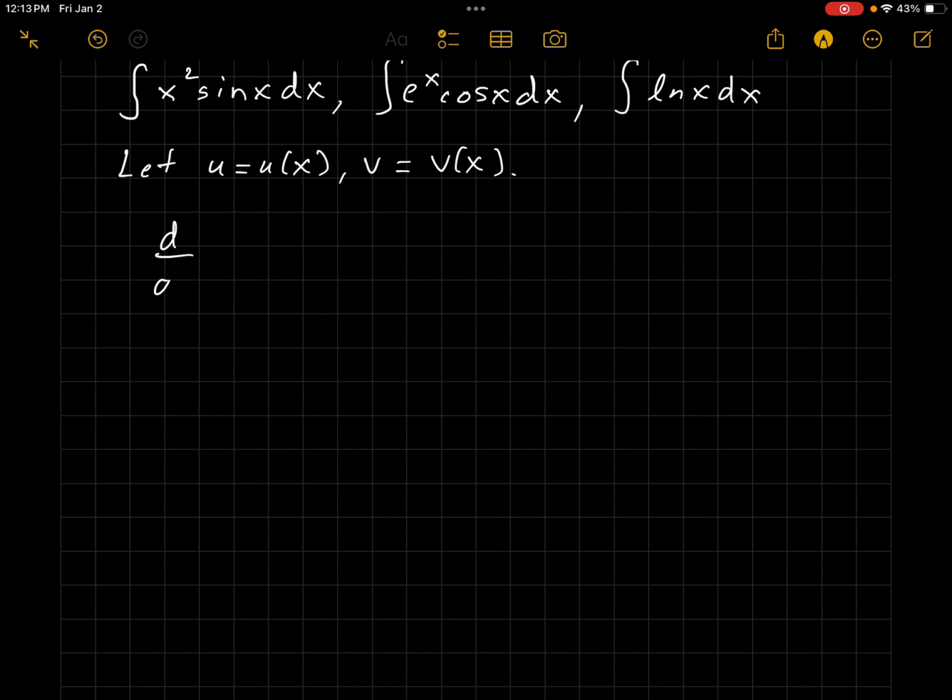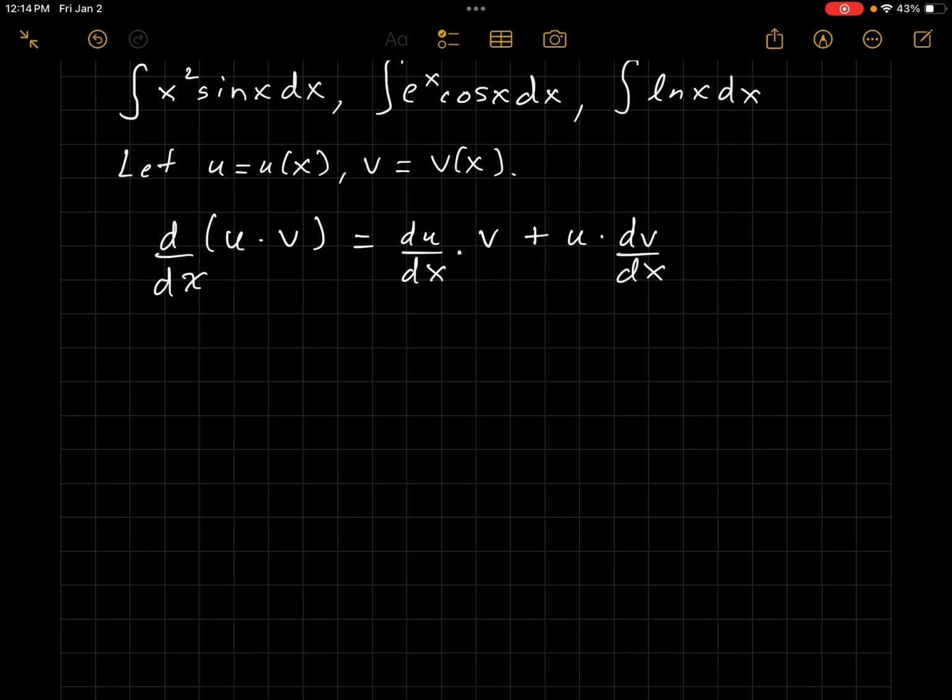And let's take the derivative of u times v. Well, that's the product rule, which says let's take the derivative of the first piece, leaving the second function alone, plus leave the first part alone, times the derivative of the second function. And we end up with this, the end result of a product rule.